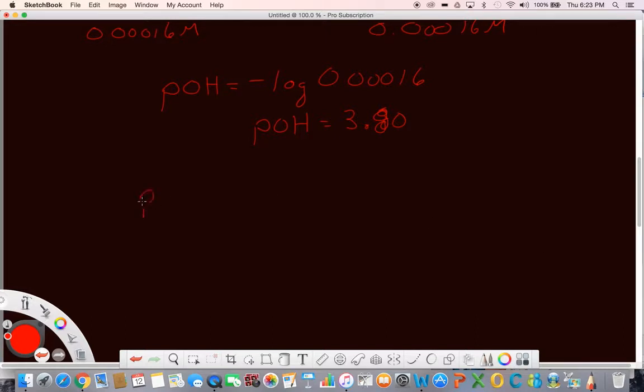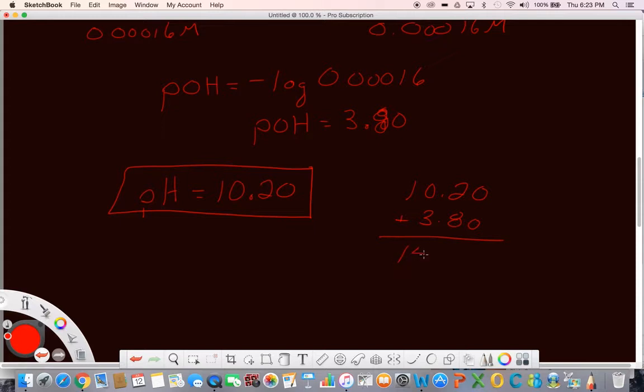So that means the pH is going to be 10.2. And I would expect that because it's on the basic scale. How did it get to 10.2? 10.2 plus 3.8 is equal to 14.